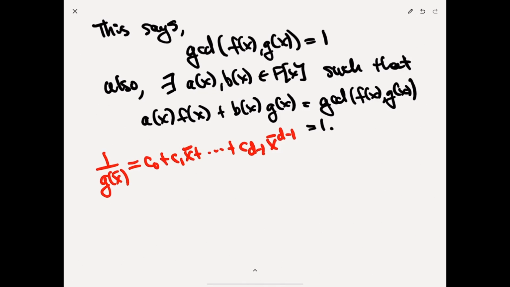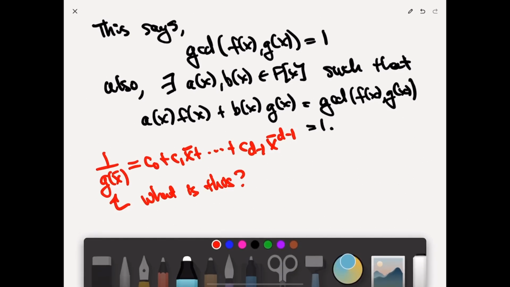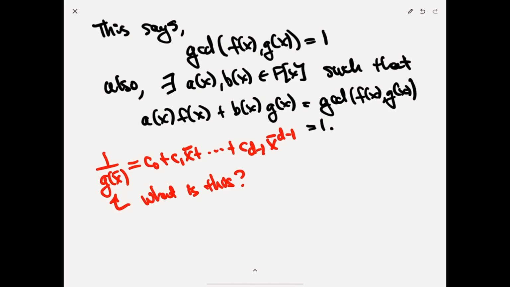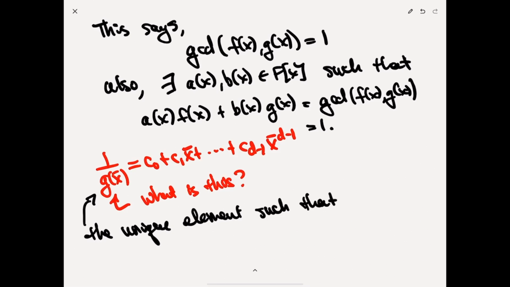Okay, so what is this? It's the unique element such that g of x bar times 1 over g of x bar is equal to 1.